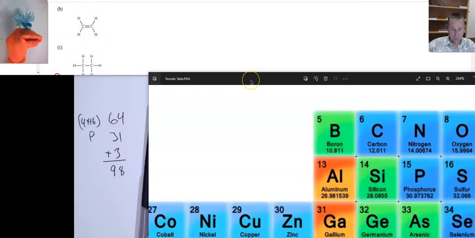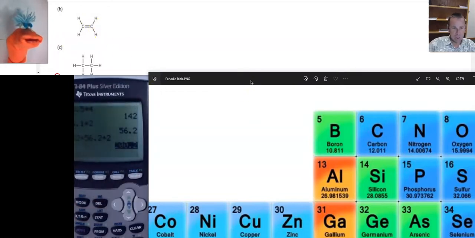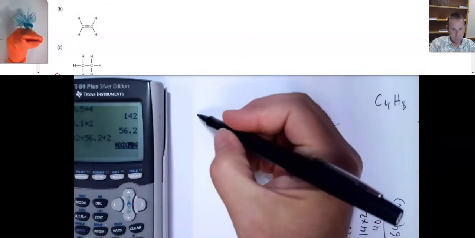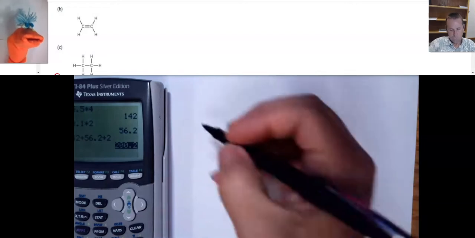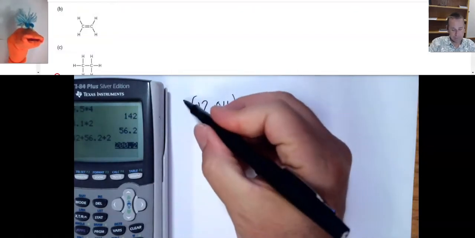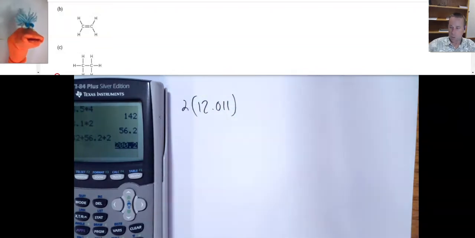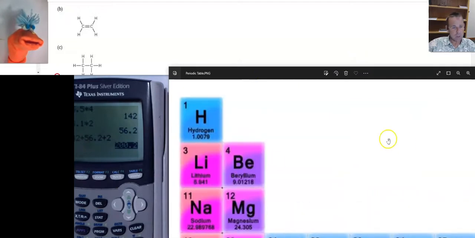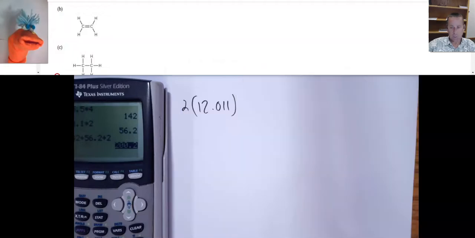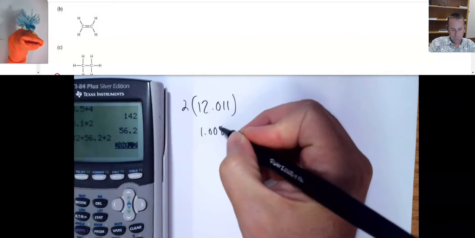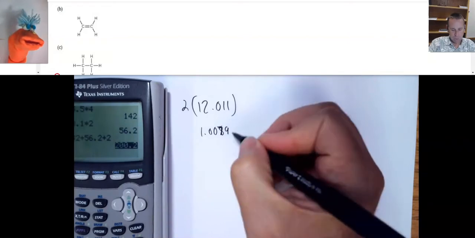And let's double check. Let's use the number of significant figures that they want, 12.011 times 2. And then our hydrogen, we'll use 5 significant figures here, 1.0079. That's 5 significant figures.